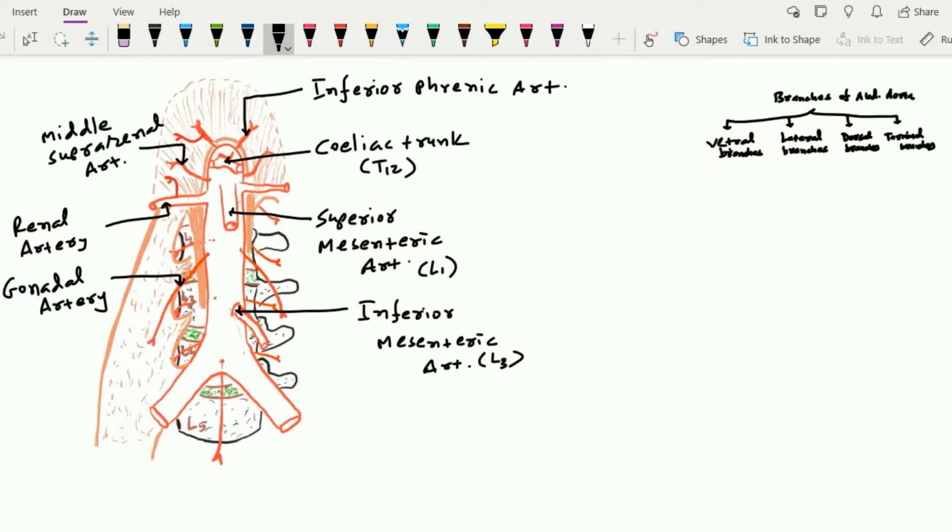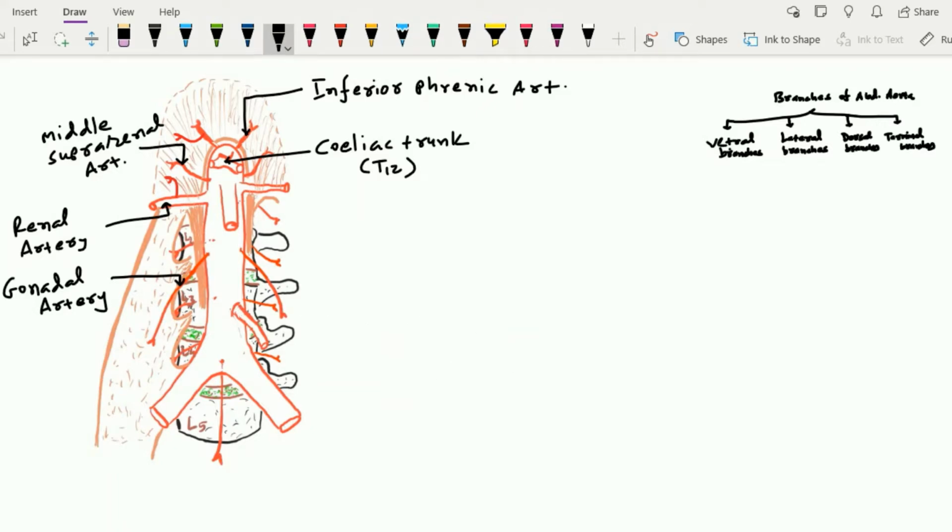When we see the dorsal branches of the abdominal aorta, we find there are 4 lumbar arteries, and for better understanding of these lumbar arteries, let's remove this nomenclature of the superior and the inferior mesenteric artery.